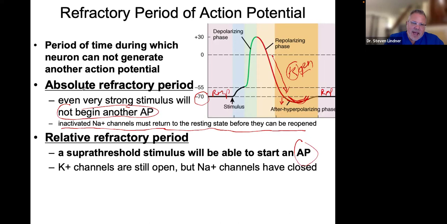Just remember, absolutely not, right? In the absolute refractory period, you cannot generate another action potential. But in the relative refractory period over here, with a super threshold type of stimulus, you can initiate another action potential. That's because the sodium gates are closed. You have to wait for that to happen in order for another action potential to be generated.